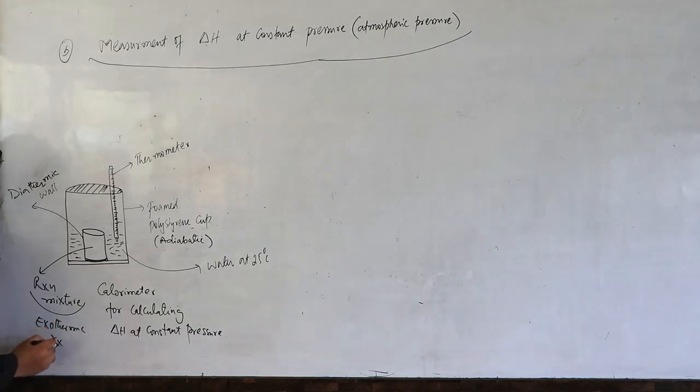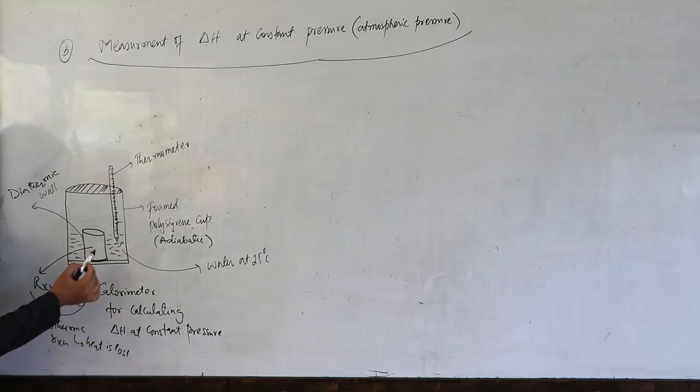In exothermic reaction, everybody knows that heat is lost. So heat will be lost from this particular system here. So this reaction mixture will lose the heat, and heat will be absorbed by the water. So water will absorb the heat.